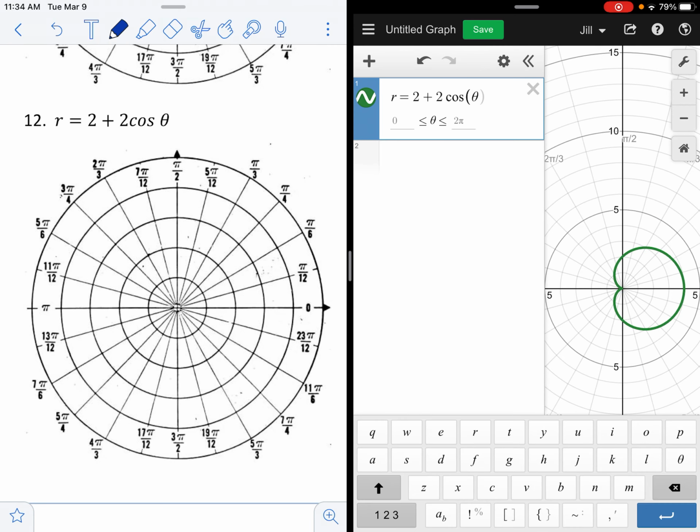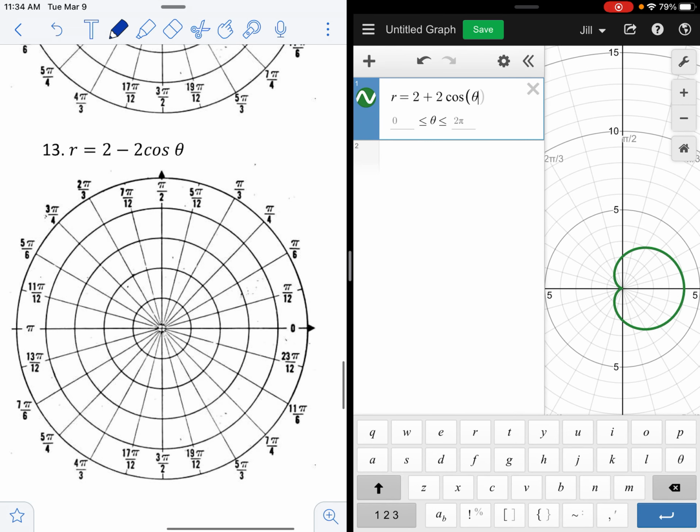There we go. Now this is zoomed in a little too much, so I'll zoom out. Now we have a cardioid here. So once again, that indent there touches 0, 0. It's on the positive x-axis. This one's bigger. Do I have to make it perfect? No, I care that it's on the positive x-axis, and you know that it's a cardioid.